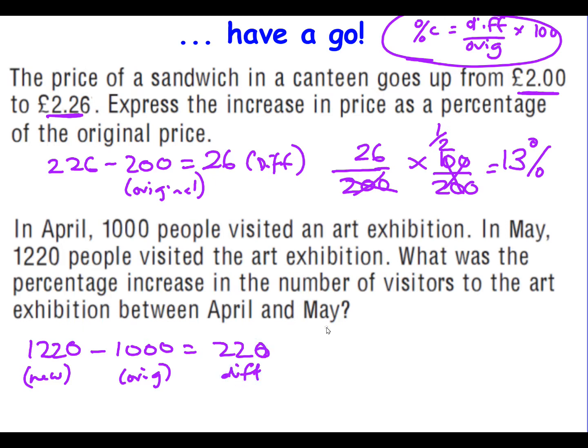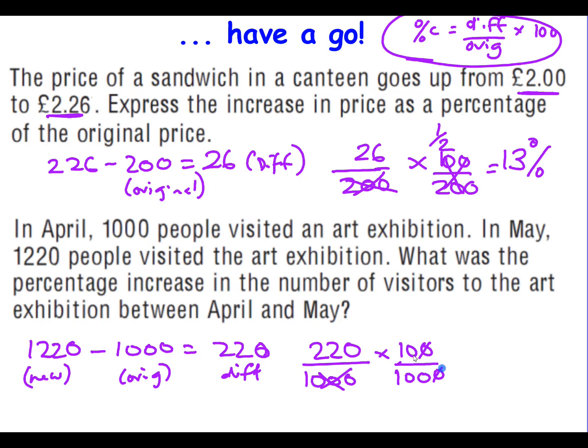To calculate our percentage change using our formula up here, it's the difference divided by the original times 100. And again, it's no different from what we've been doing before. So we don't do that, we do this.